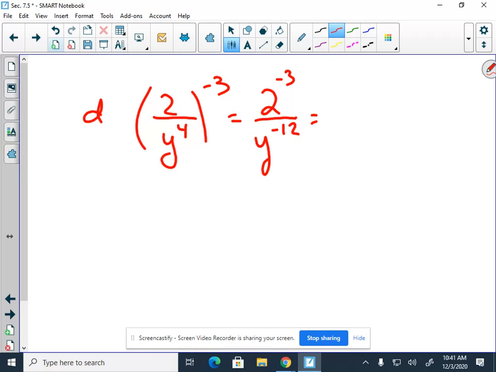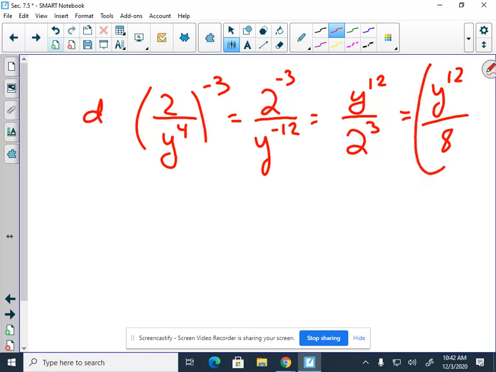So in getting rid of the negative exponents, I'm going to move the 2 to the bottom. It's going to become a positive 3. I'm going to move the y to the top. It's going to become a positive 12. It will make it easier if you follow this pattern of getting rid of the negative exponents. Now, take 2 to the 3rd, and 2 to the 3rd in the calculator is 8.